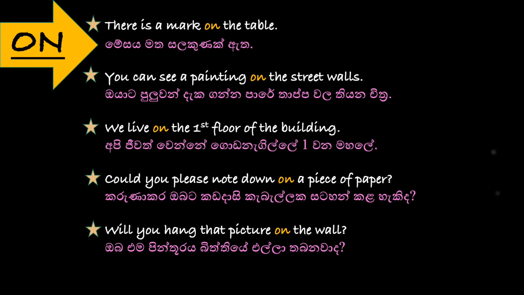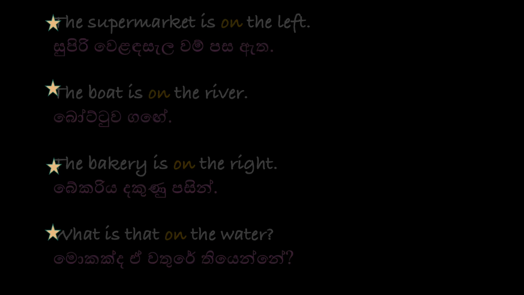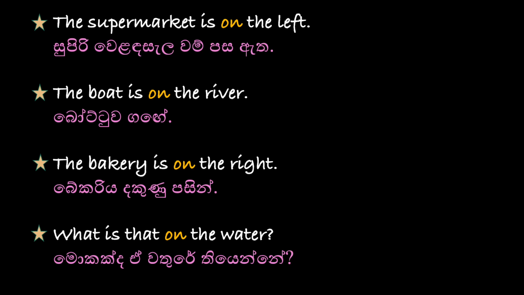On surfaces or things that can be thought of as surfaces like walls or tables. Now, keep thinking about this idea of flat surfaces because it includes roads and streets and rivers. The supermarket is on the left.